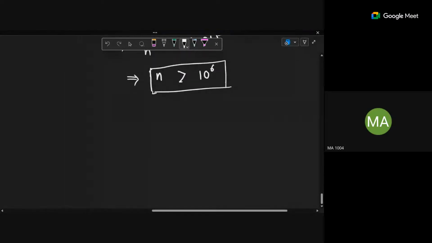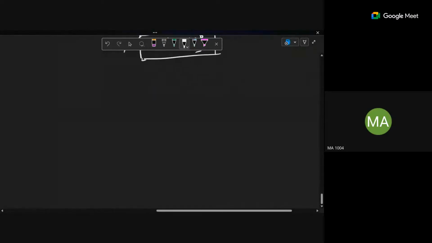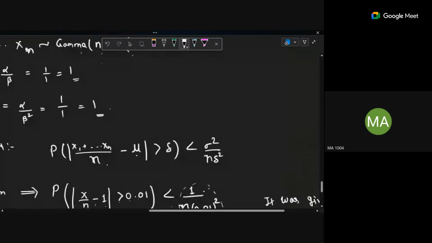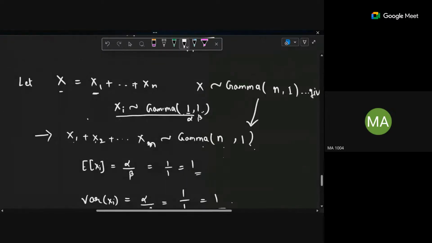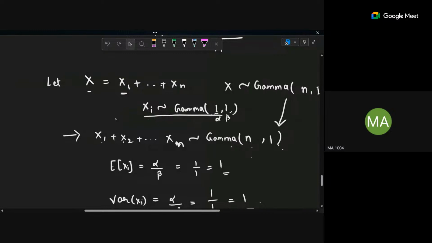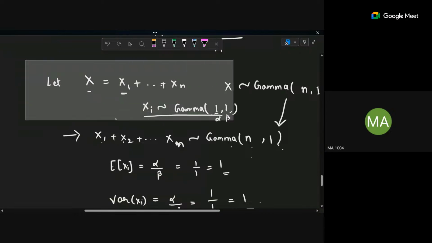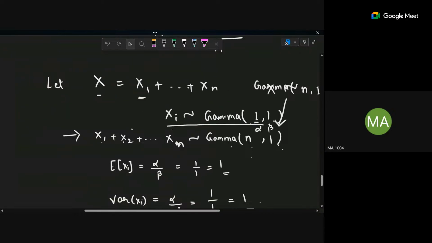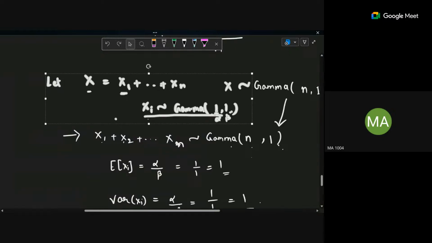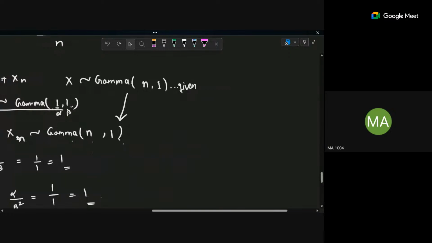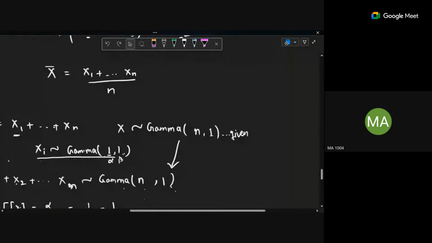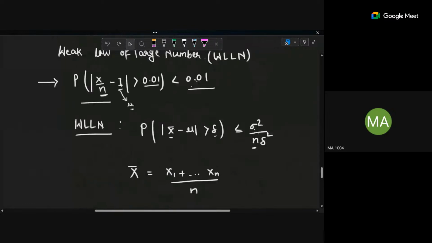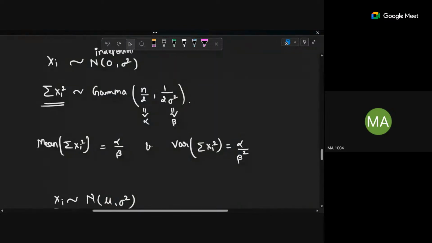Just remember, from the weak law of large numbers, we got n should be greater than 10 raised to the power 6. Now our task is again the same. We want to find the number of random variables so that it will converge to a given mean. So this portion is again the same here: let us consider that there are n random variables which are following a gamma distribution with alpha as 1 and beta again 1.